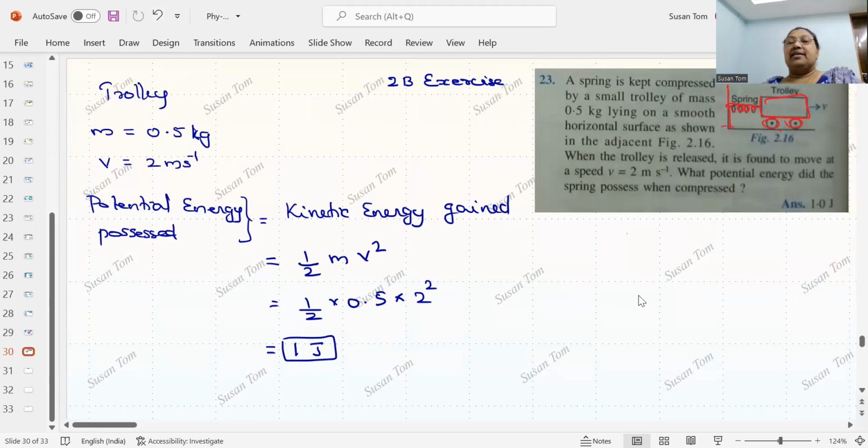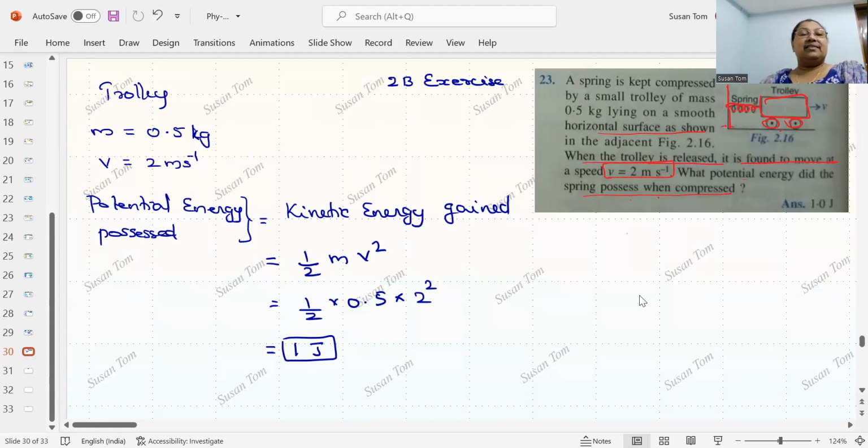Okay, understand? So lying on a smooth horizontal surface as shown in the figure, when the trolley is released, it is found to move at a speed of 2 meters per second. What potential energy did the spring possess when compressed? The potential energy possessed when compressed is equal to the kinetic energy gained when released.